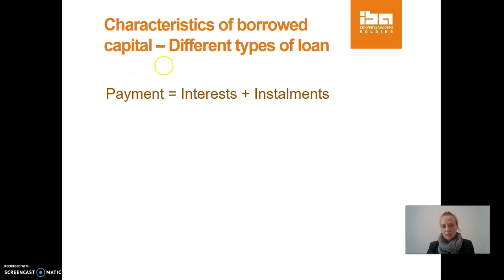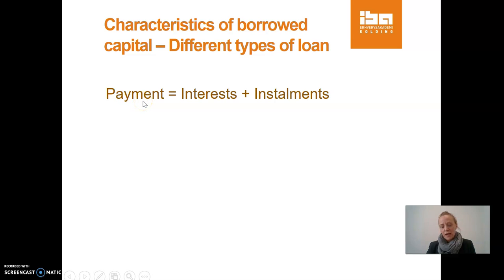These payments are a result of interest calculated on the previous period plus the installments. Now remember that the installment is the actual repayment of the principal, the amount that the company has borrowed and has to pay back.